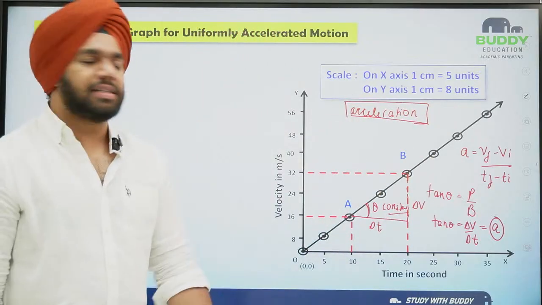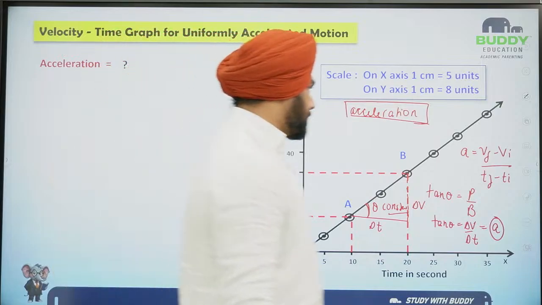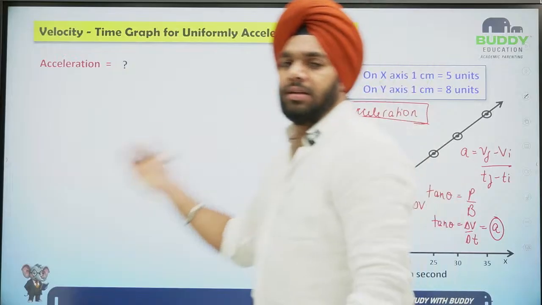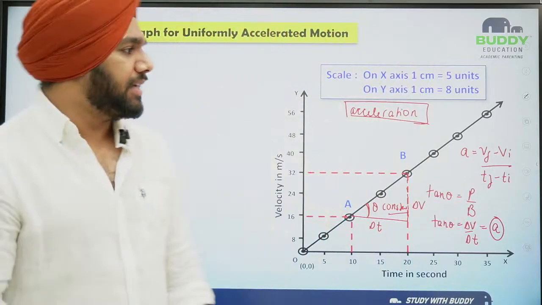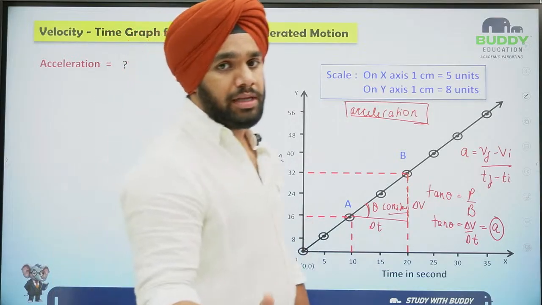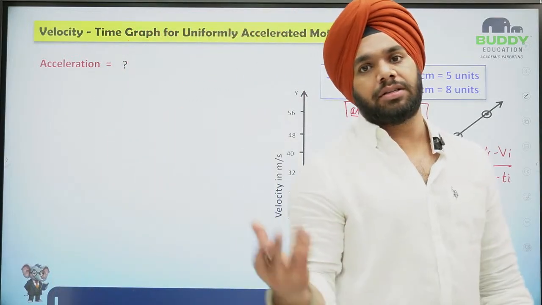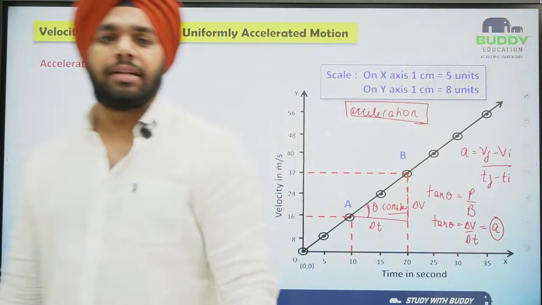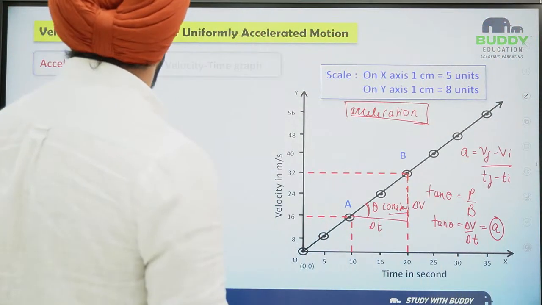If theta is varying with time, then obviously the acceleration will change. If the angle is increasing, then acceleration will increase. If the angle is decreasing, then acceleration will be negative, right? We already know about acceleration. There are two types of acceleration: one is positive acceleration and the other is negative acceleration. So let's go through this graph once.